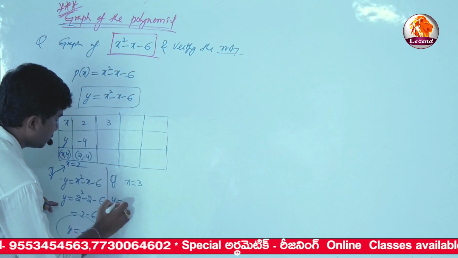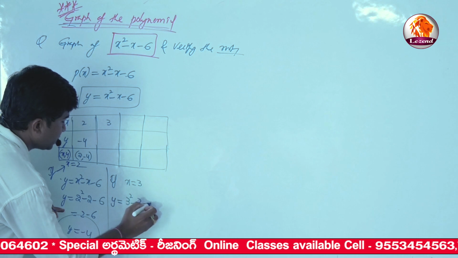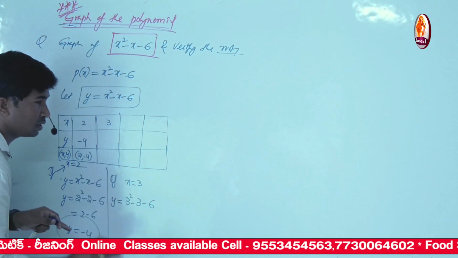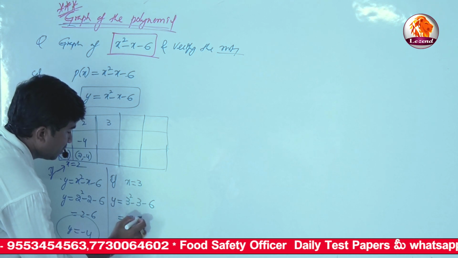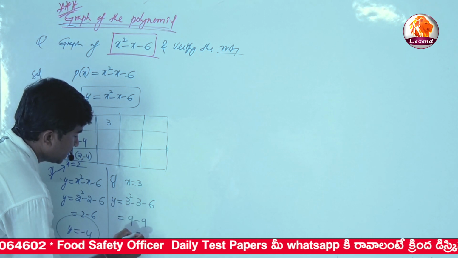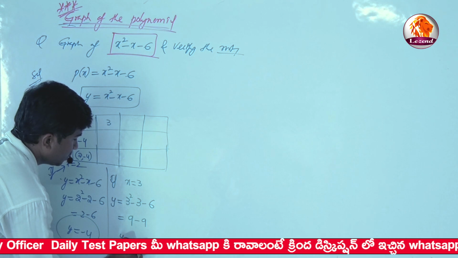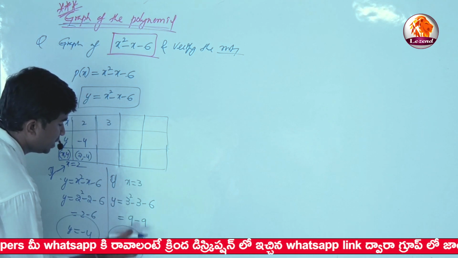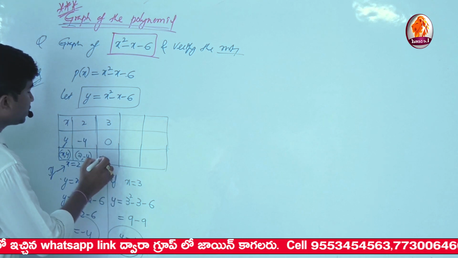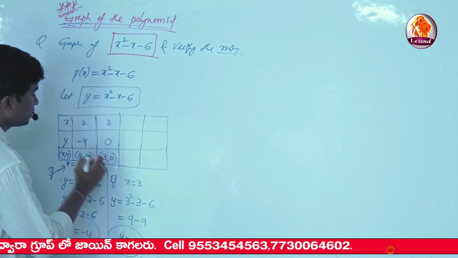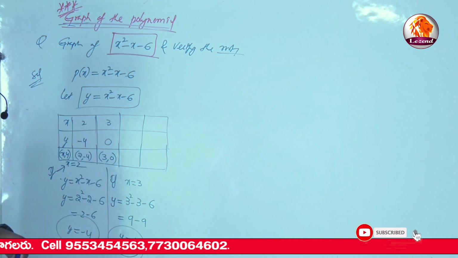So y is equal to 3 square minus 3 minus 6. Simply substitute x value 3 in the given polynomial. 3 square is 9, minus 3 minus 6 is minus 9, 9 minus 9 is equal to 0. So x value 3 means y value is 0. So 3 comma 0.